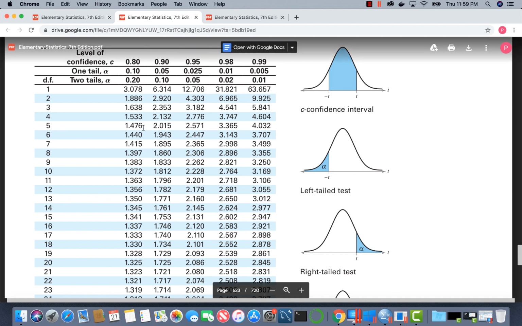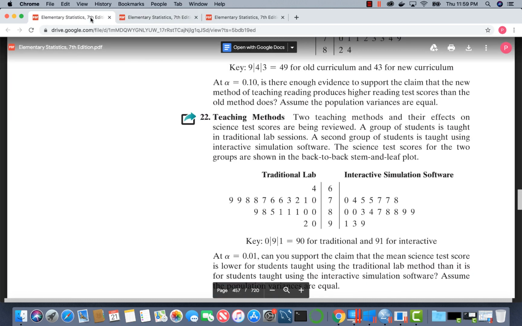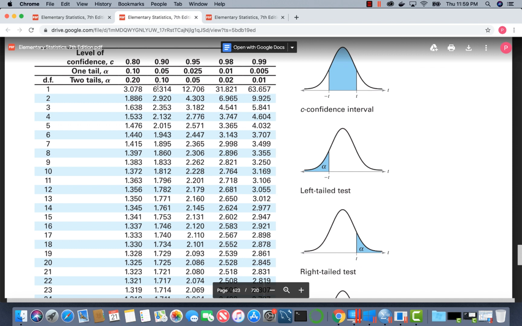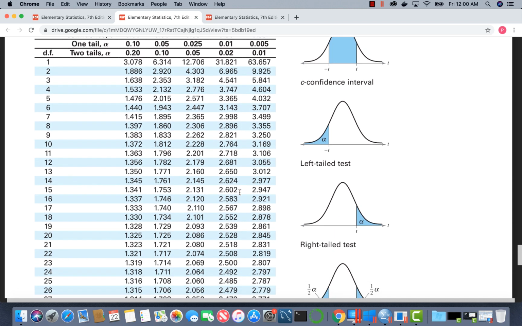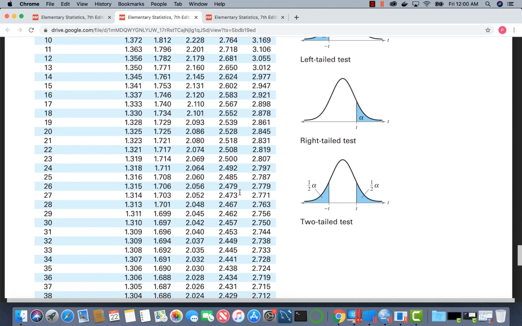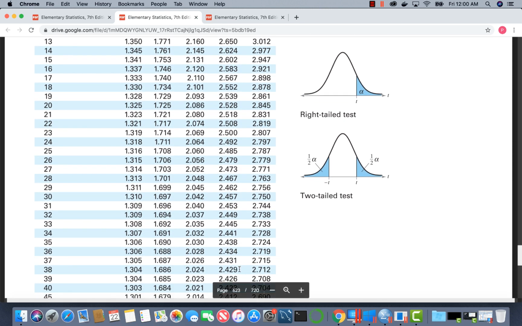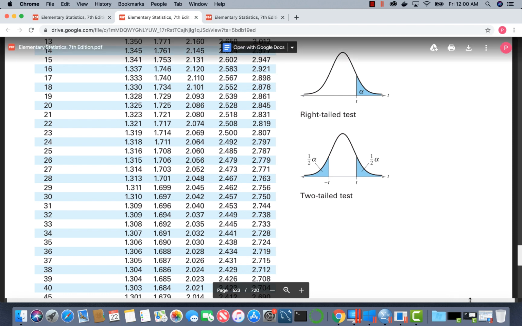Actually 0.01, not 0.10, I'm sorry. 0.01 is here, and we are going down to 38 degrees of freedom. We got it. It's this one. It's going to be negative 2.429. So negative 2.429 is the critical value.